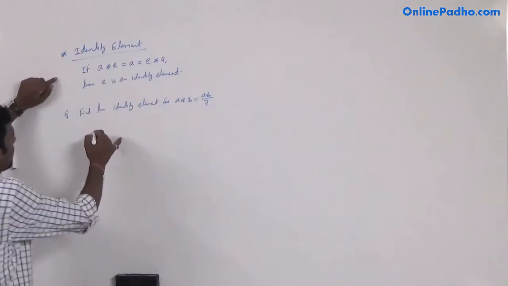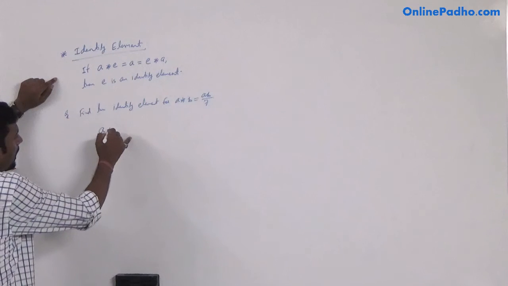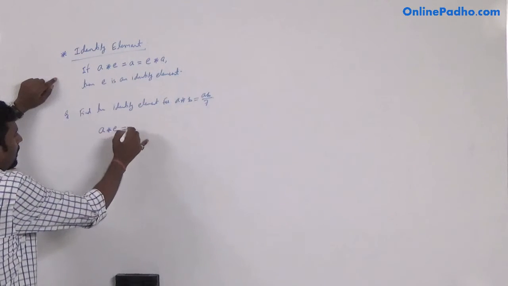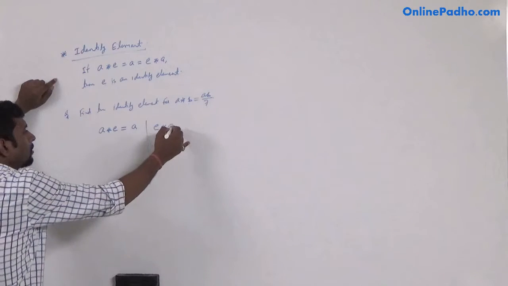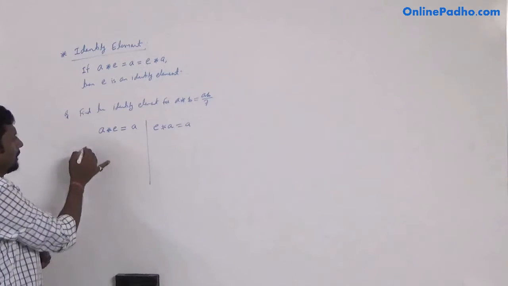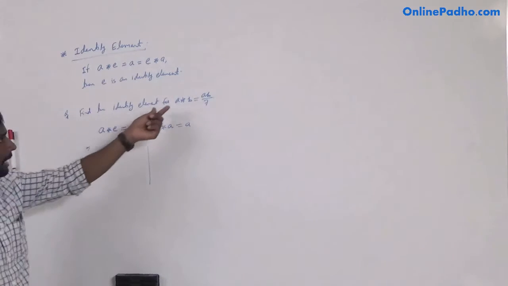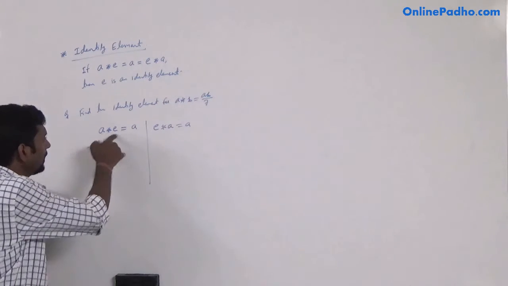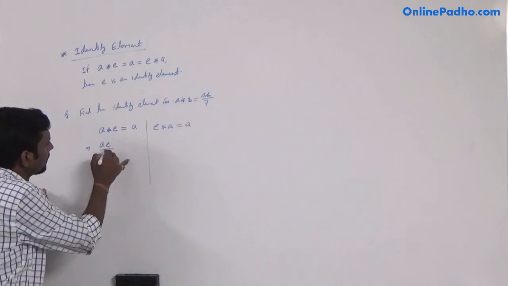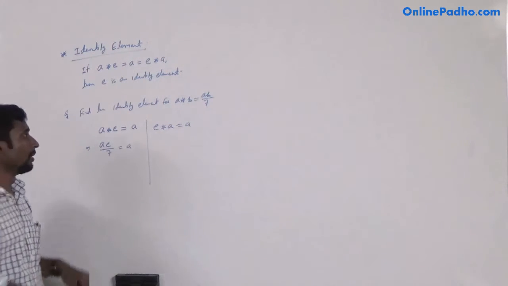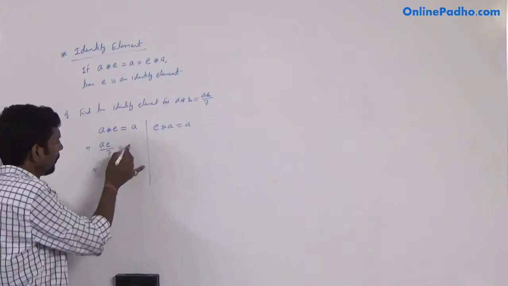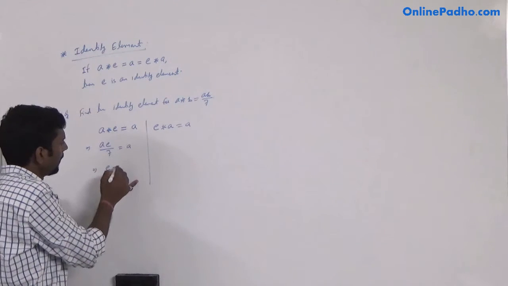Let us see from the definition: A star E must be equal to A, and also E star A is equal to A. Do you know A star B equals AB by 7? So A star E can be written as AE by 7. This is equal to A. Any doubt in this? No. So if you cancel A with A, E can be written as 7.